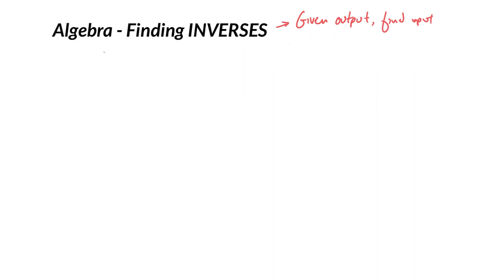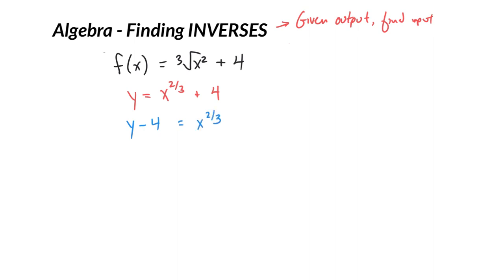So if f is equal to the cube root of x squared plus 4, let's begin by just writing this as y equals, and we've talked in earlier videos, it's easier to solve this, I think, with a fractional exponent than with roots. First thing I'm going to do, subtract 4. Now, how do we get rid of a 2/3 power?